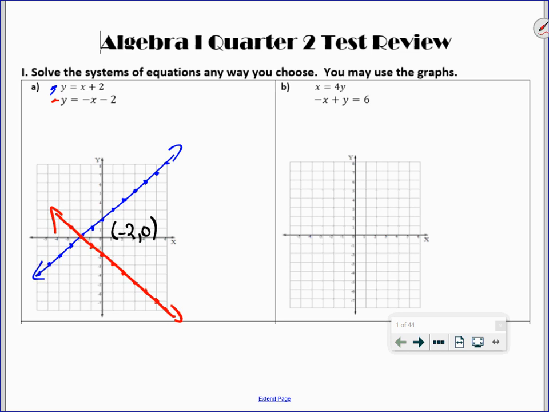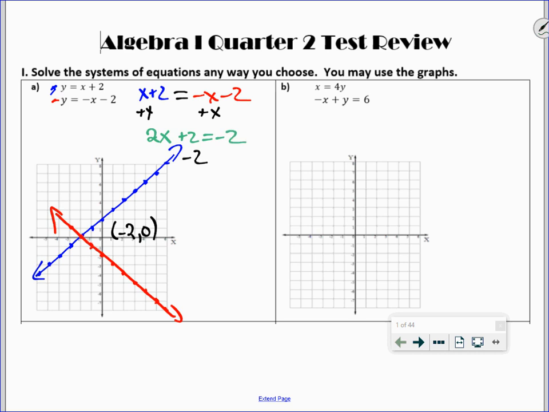Now you could also do it algebraically, which is to say that since substitution, I could say that x plus 2 equals -x minus 2. So then I would add x to both sides, and I would get 2x plus 2 equals -2.